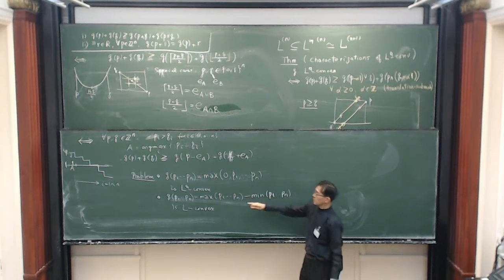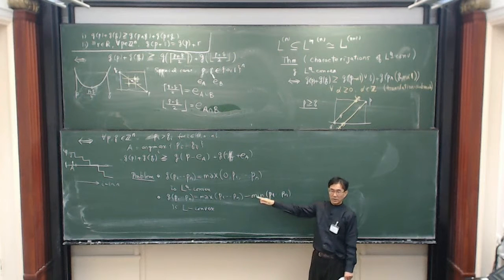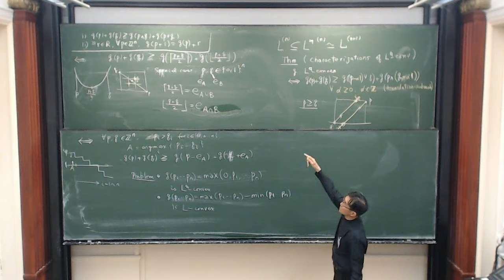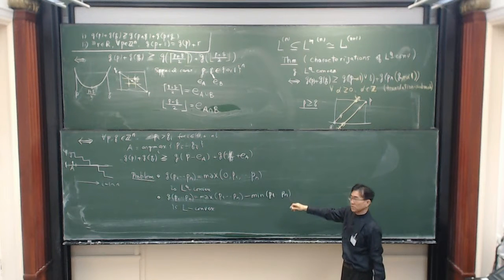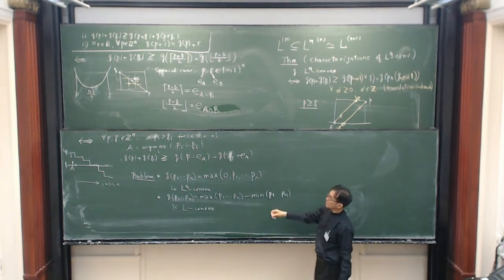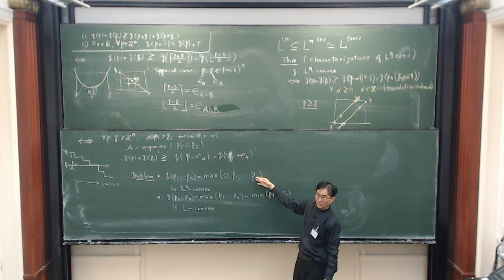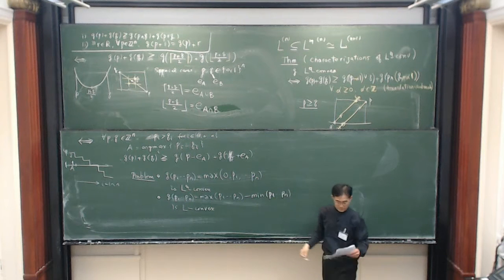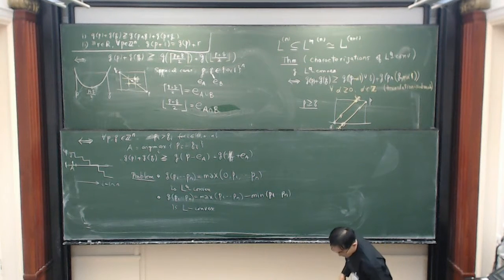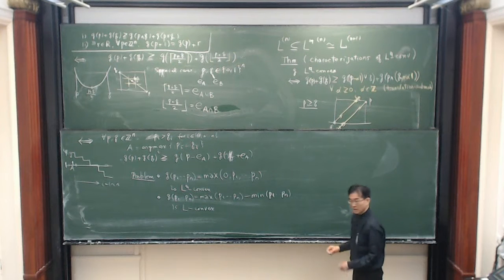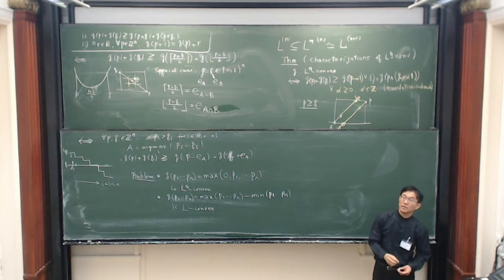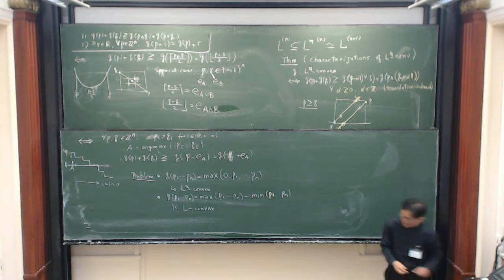So if you increase the components uniformly, then they cancel. So we have the second condition easily. The point is submodularity. But once you have shown this is L natural convex, then this is similar. Okay, so maybe I have to hurry up.